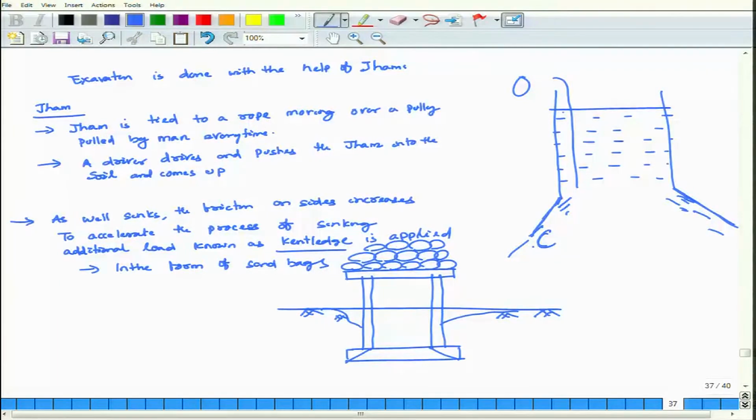People will go inside and cut the periphery of the cutting edge so that it goes down. Over time, once the well is sinking down, there will be enough frictional force. To overcome that, you have to provide additional load on a platform in the form of sandbags, so that the sinking can be achieved very easily.